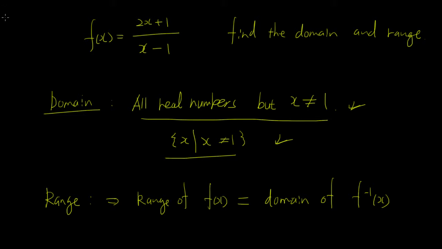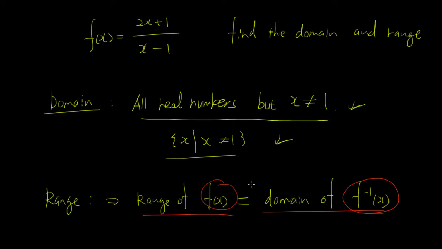Range of this function f(x) is the same thing as domain of this inverse function. Because it's difficult to see the range of this, if we find the domain of the inverse, then we can find the range of this function.